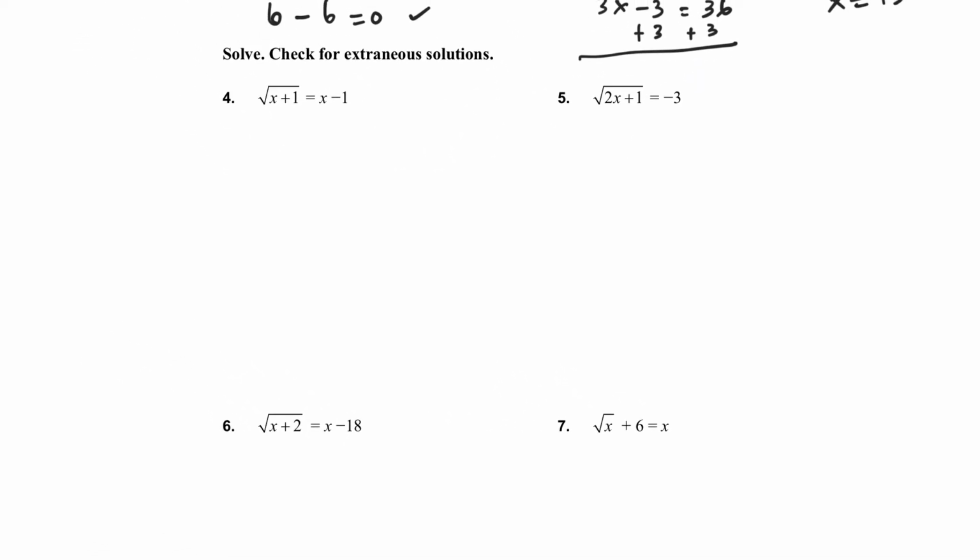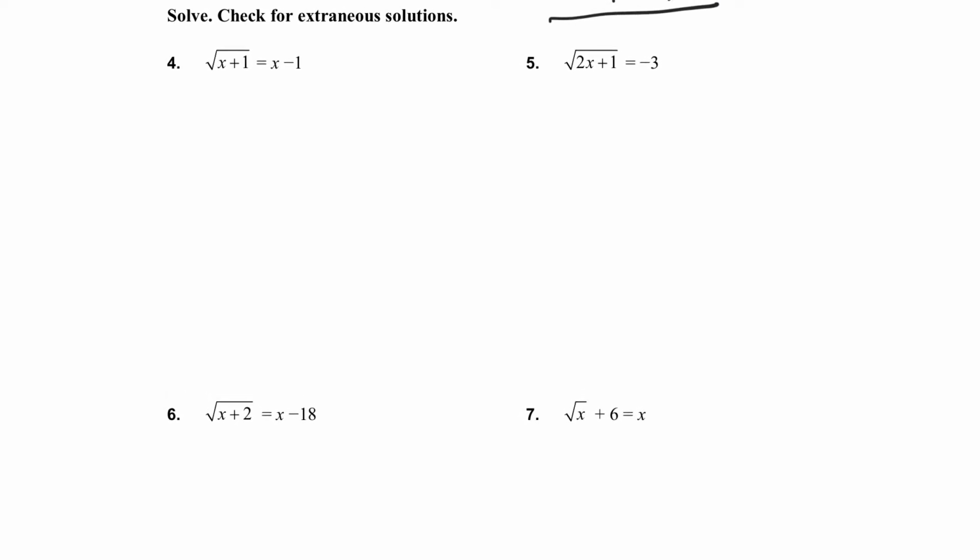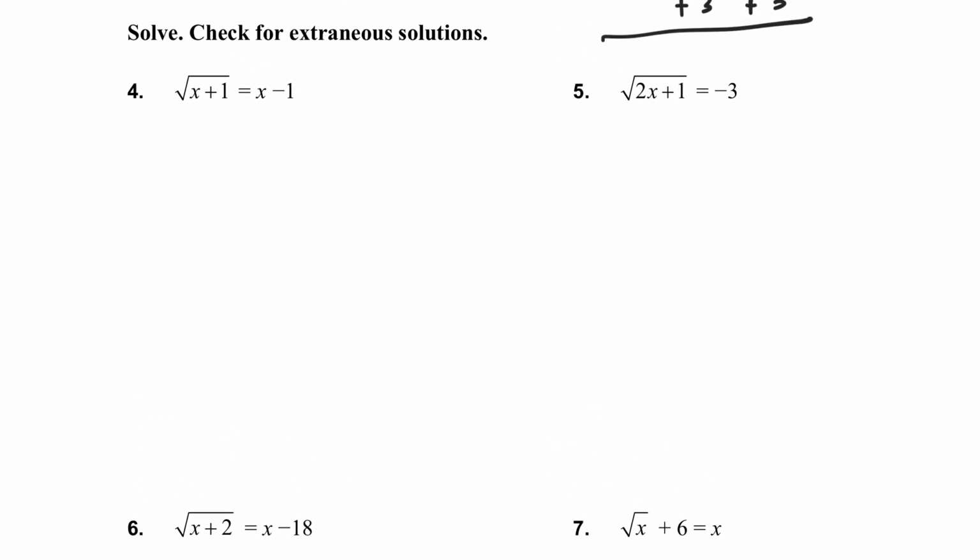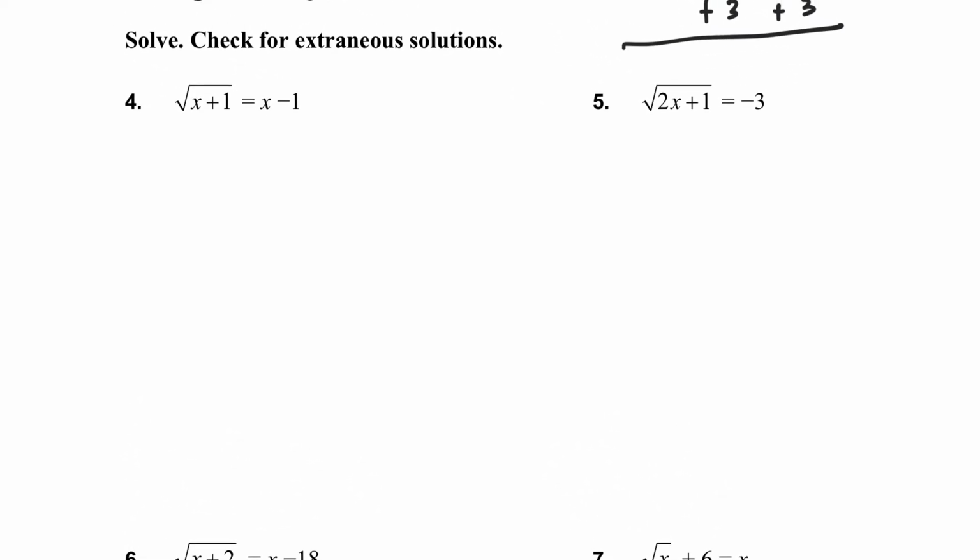For number 4, we're going to solve the following equation as we did before. We have the square root of x plus 1 squared, and then we have x minus 1 squared.